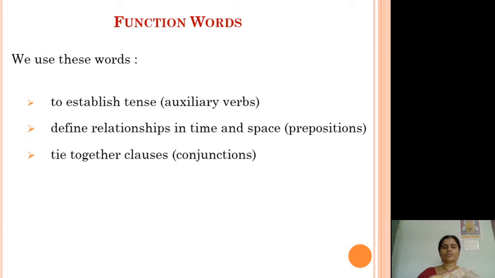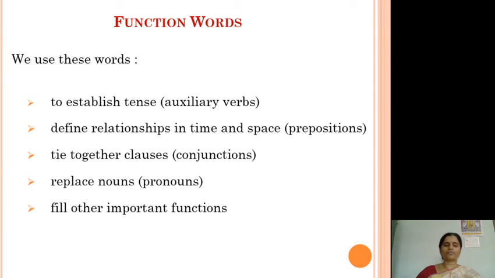That means conjunctions are used to combine two clauses. Prepositions are used to define relationships in time and space. And auxiliary verbs are used to establish tense. And pronouns are used in the place of nouns. So all these come under function words.